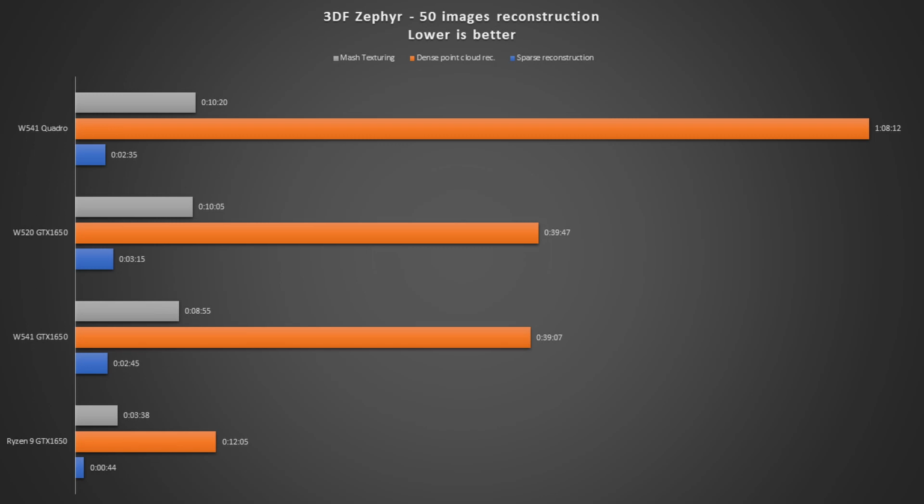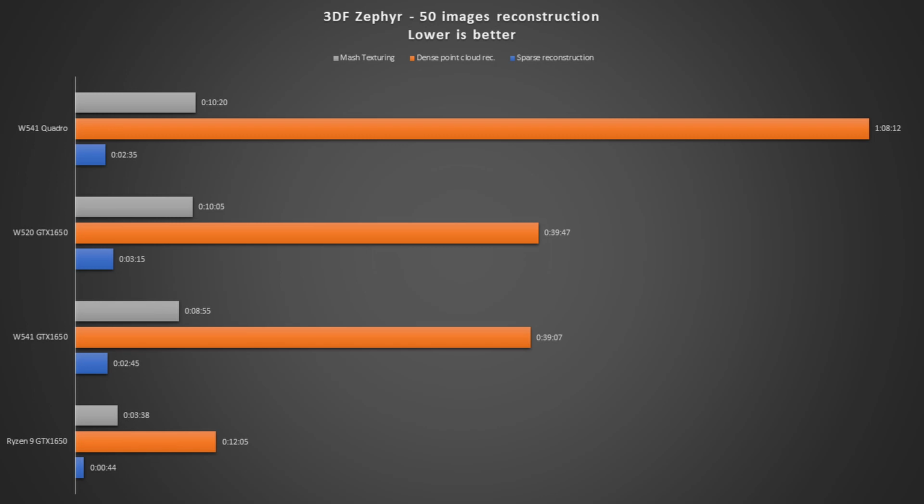If we look into the chart, we can see that for dense point cloud reconstruction, which is the most difficult calculation, it takes double as much time for the Quadro graphics to calculate that, and on the Ryzen 9 it's basically a third of what you get with the GTX 1650 as the external card.